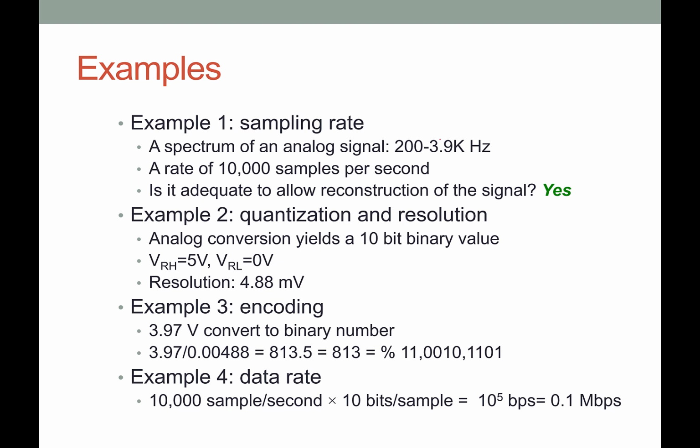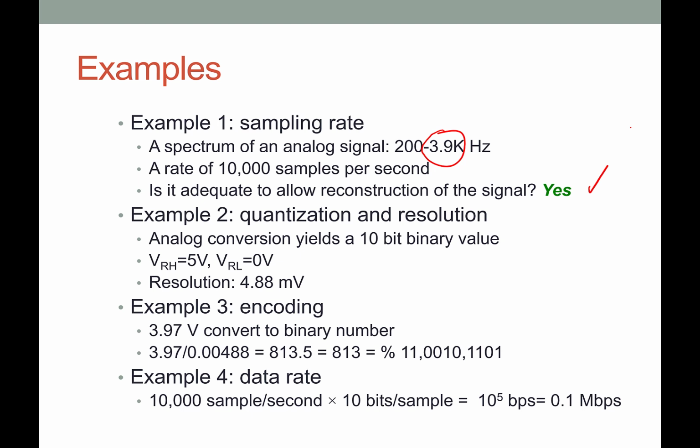Well, the first thing is you should just look at the high frequency. It's 3.9 kilohertz. What's double that? Double that is 7.8 kilohertz. So we need to make sure we have 7,800 samples per second or higher if we want to be able to do it appropriately. We have, so yes.